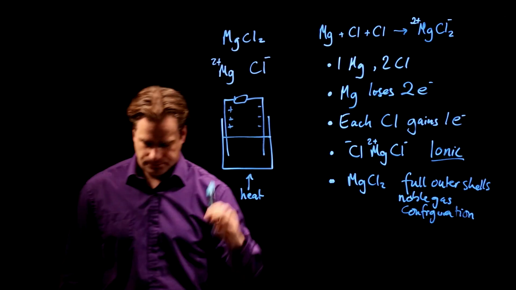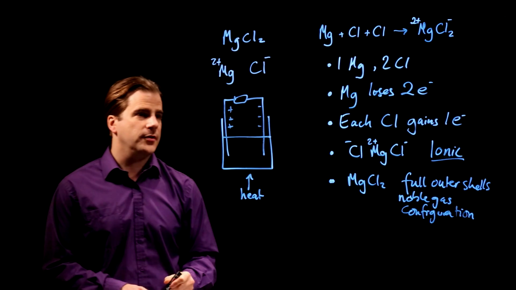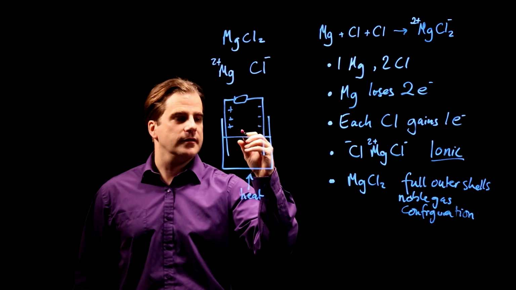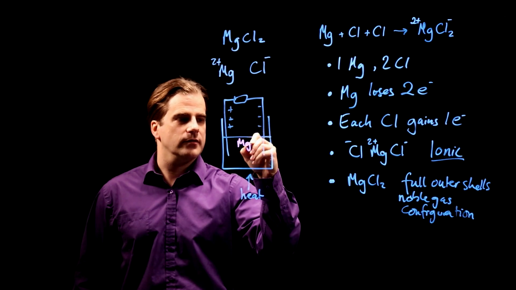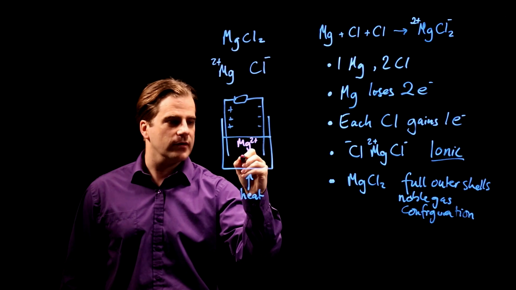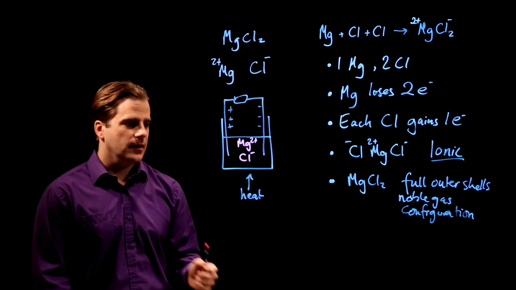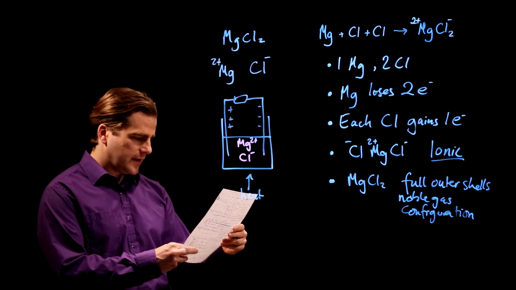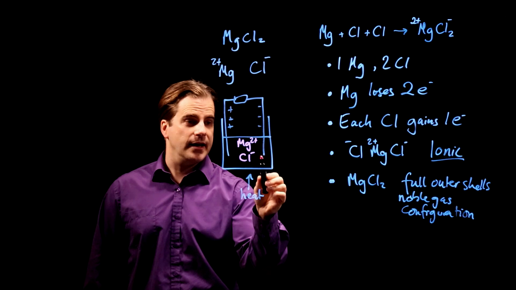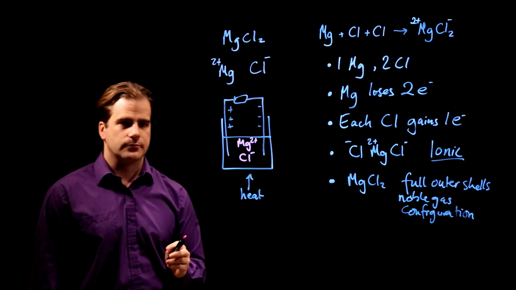Now, in here, we've just got pure magnesium chloride. So you've got Mg2 plus floating around and Cl minus floating around. Nothing else. It's molten. And it wants to know how magnesium is produced here, at the negative electrode.